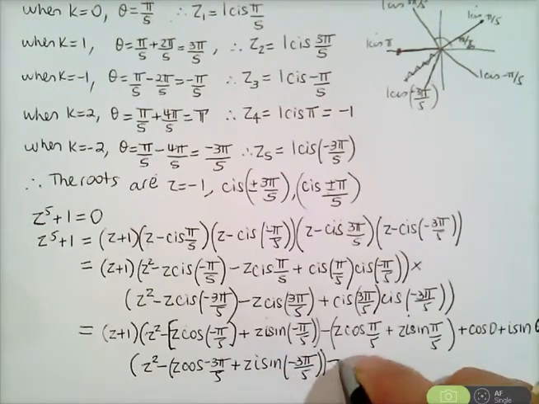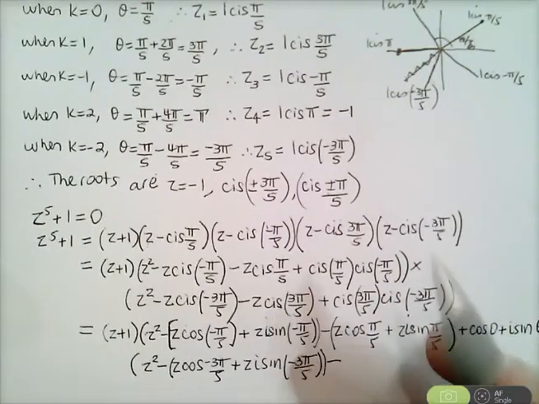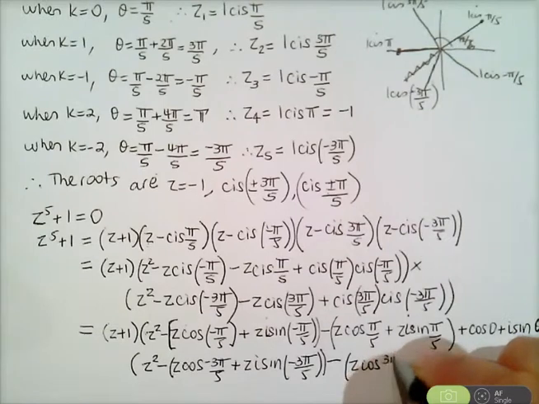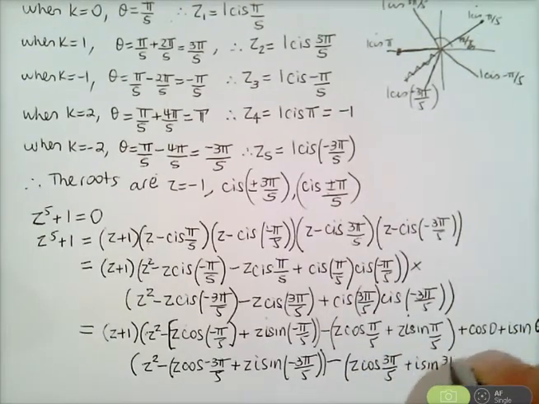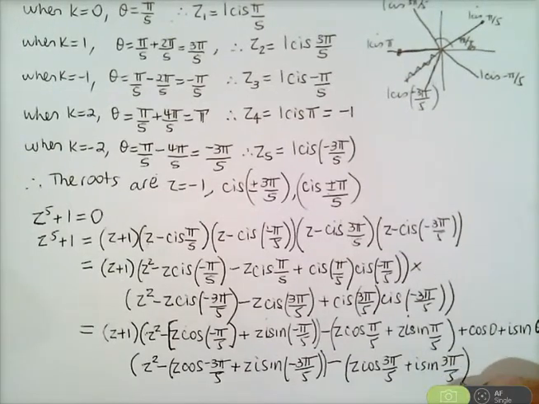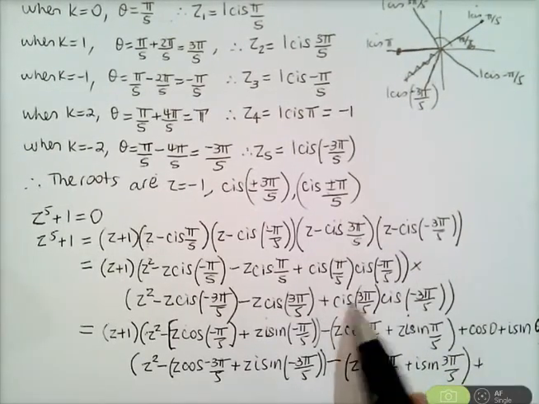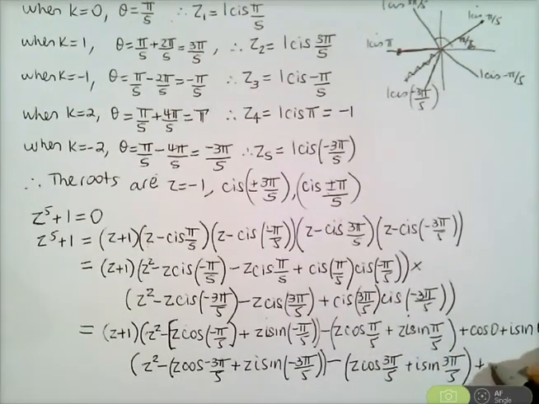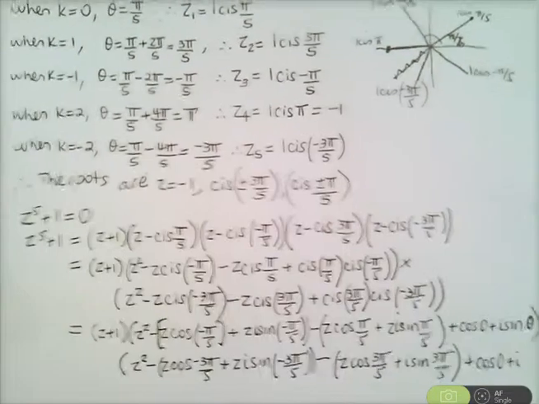Then we've got minus, expanding this one now, z cos 3 pi on 5 plus i sine 3 pi on 5. And remember, cis 3 pi on 5 times cis minus 3 pi on 5 is the same as cis 0, so it'll be plus cos 0 plus i sine 0.